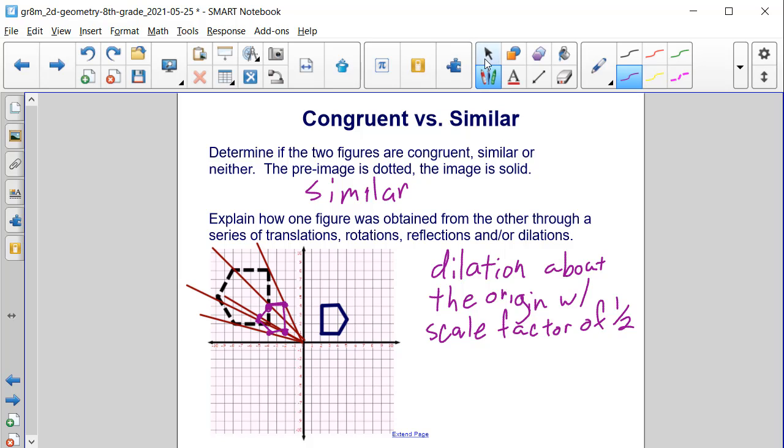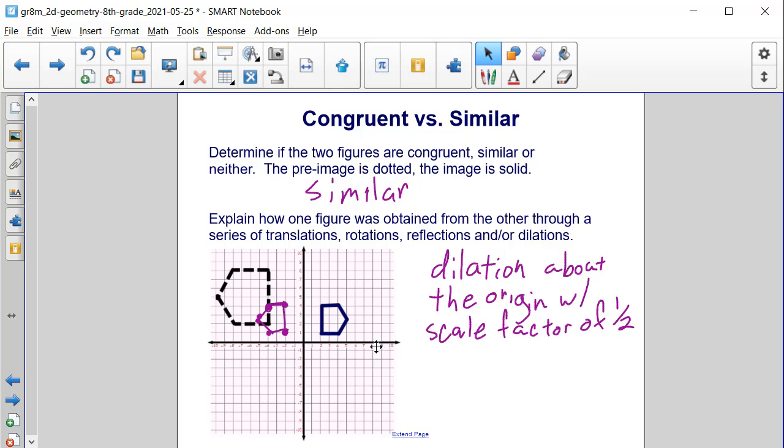And now let's look at what the relationship is between our purple figure that we just drew and our navy blue figure on the other side. So now we have from -2, 4, we went to 2, 4. -2, 1 to 2, 1. -4, 4 to 4, 4.